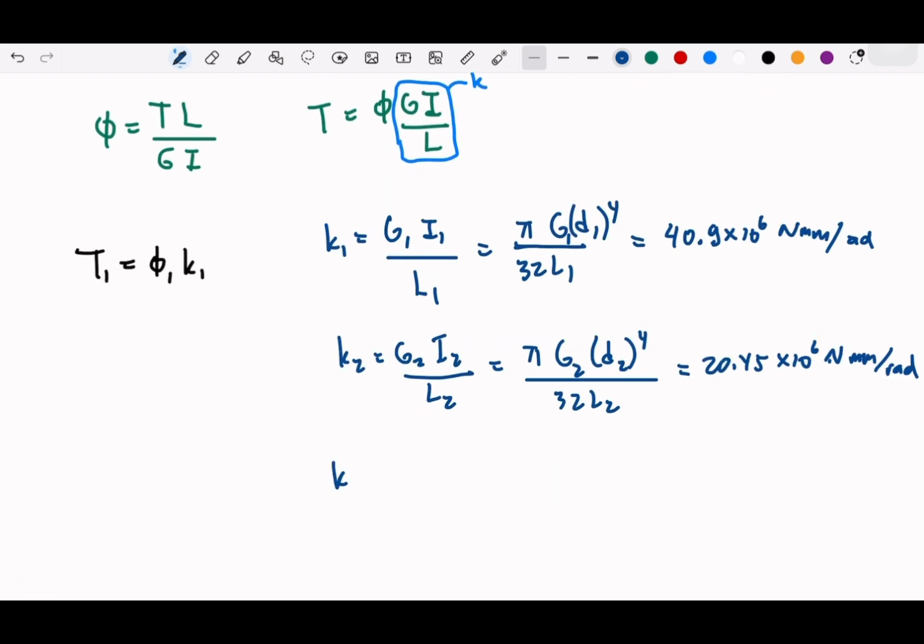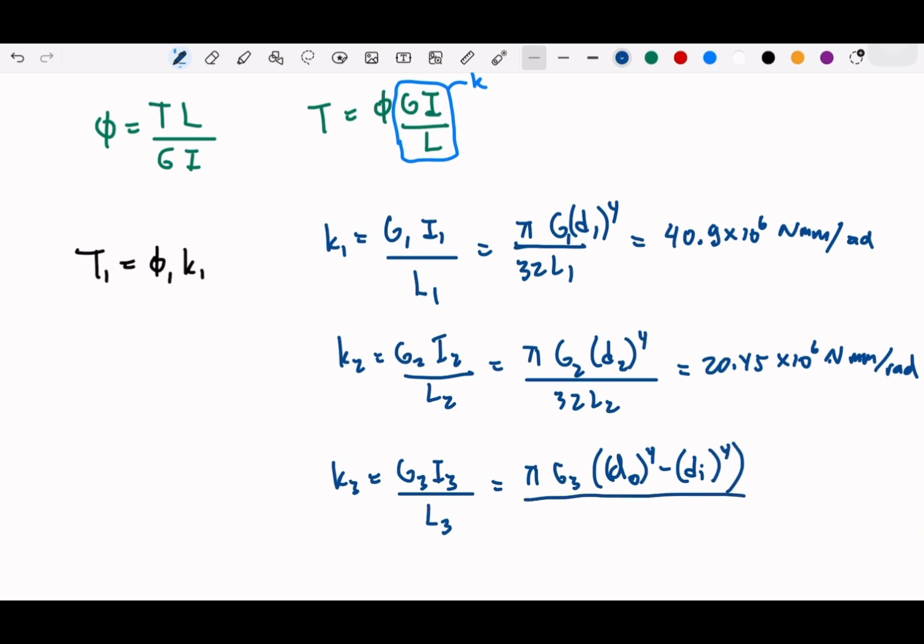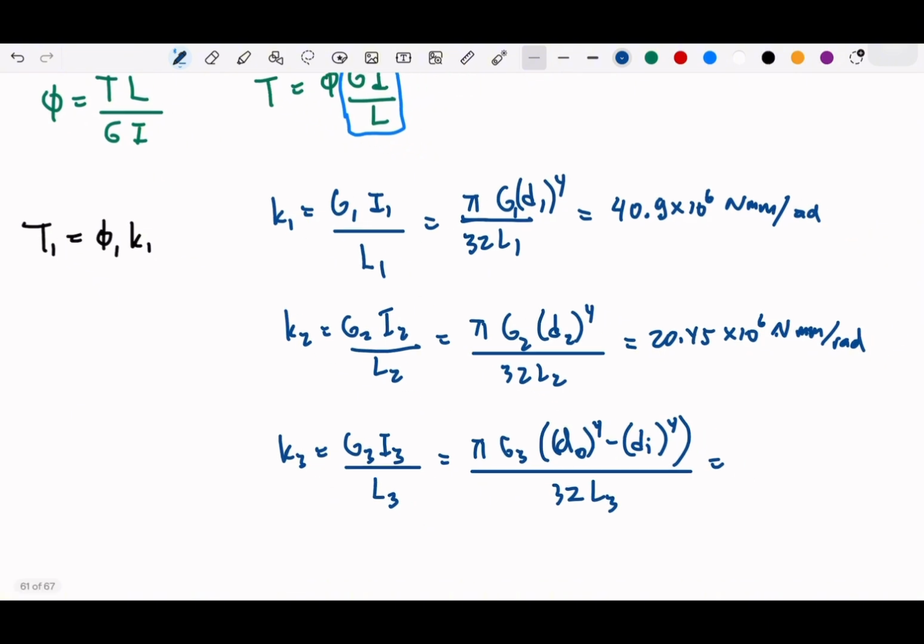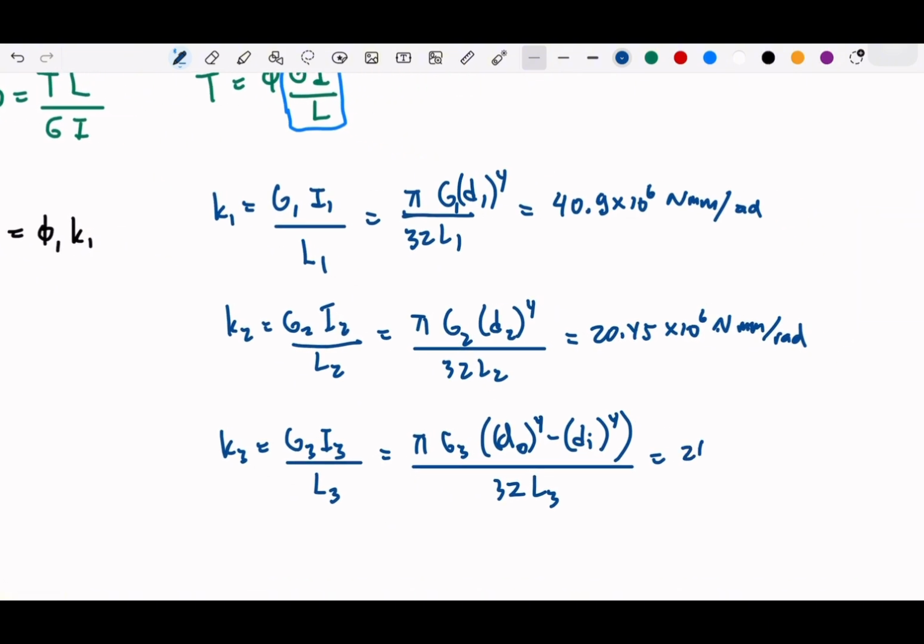And then K3, this one is the hollow. So this is G3, I3 over L3. So pi, and this is resulting in 26.57.